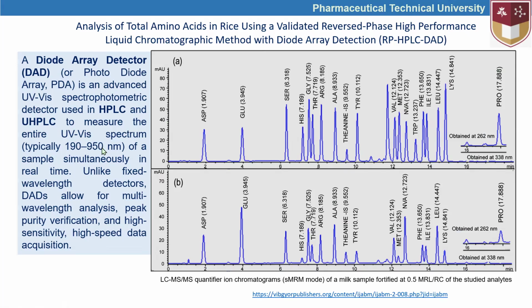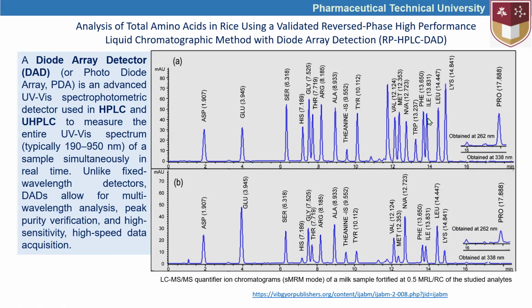The range of these DADs can be between 190 and 950 nanometers. Unlike fixed wavelength detectors, DADs allow for multi-wavelength analysis, peak purity verification, and high sensitivity, high speed data acquisition.